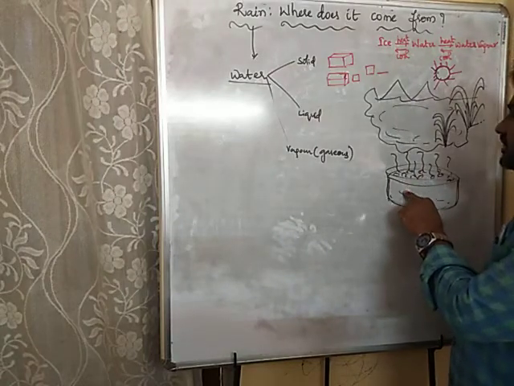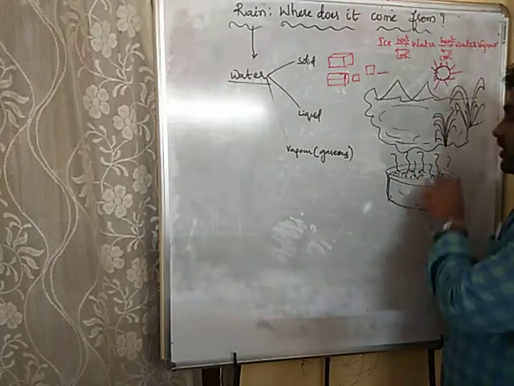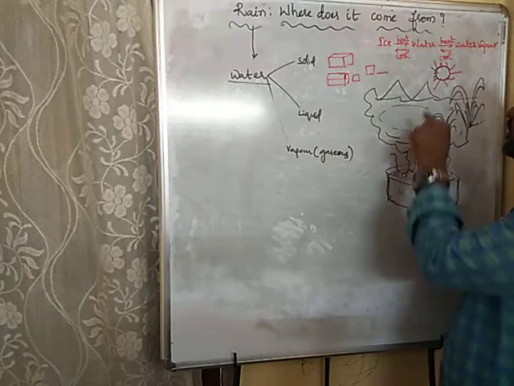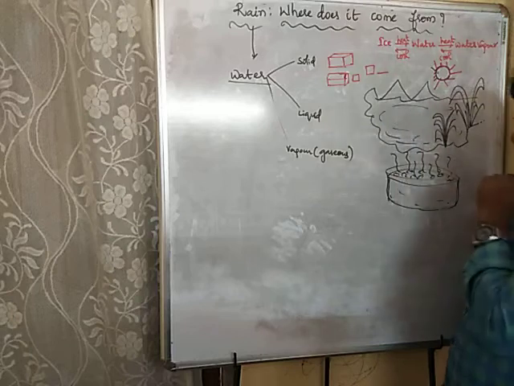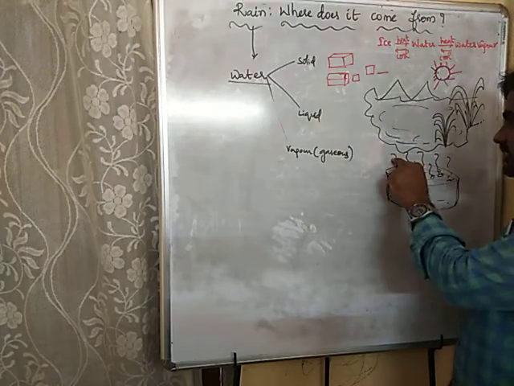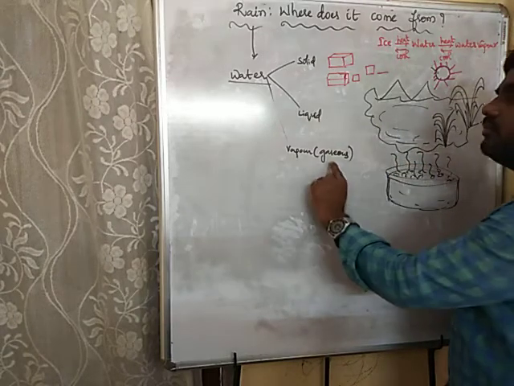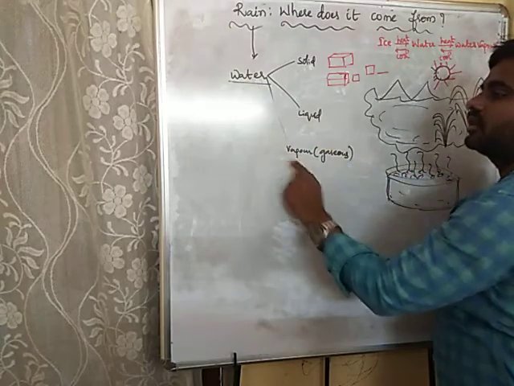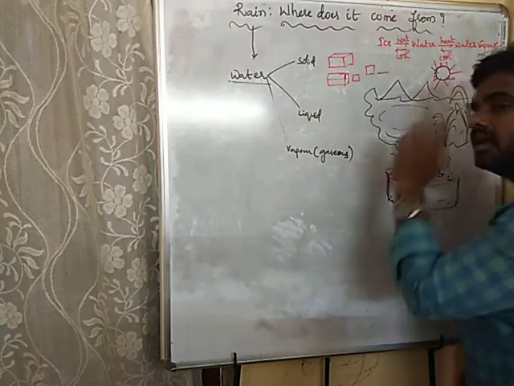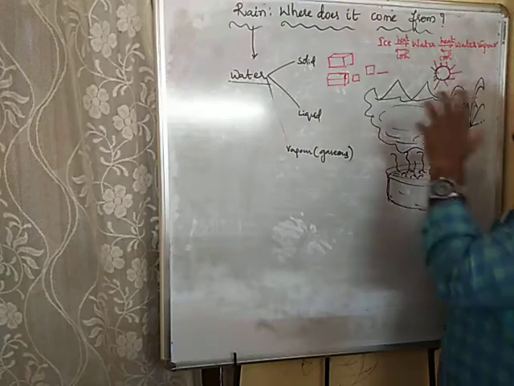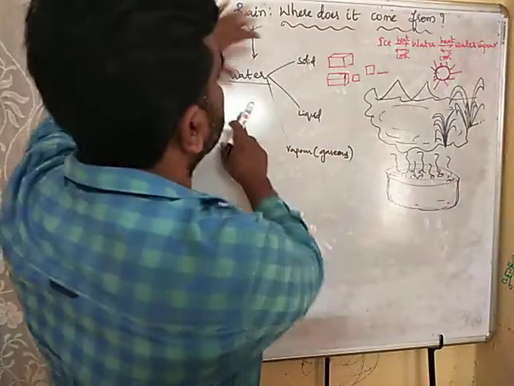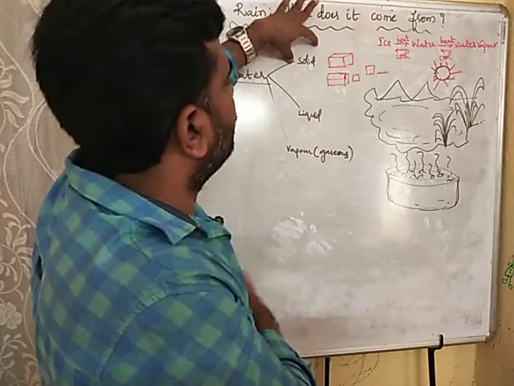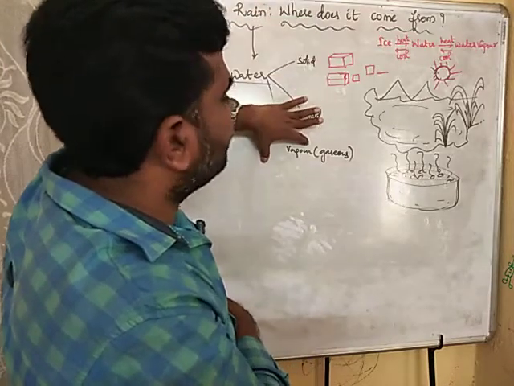If your mother is boiling or cooking some food, you can see some vapor molecules emanating from the bowl or vessel. So this is another form of water, nothing but vapor or gaseous molecules. From this concept we have learned that water exists in three ways: solid, liquid, and vapor.